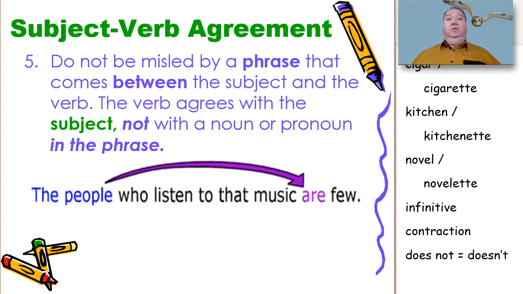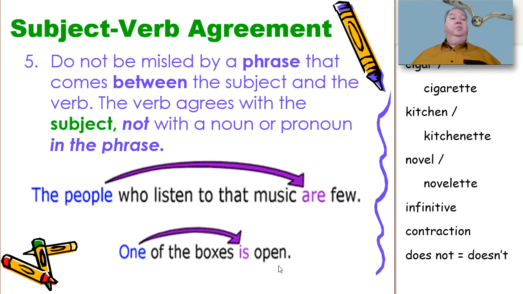Which people are few? The people who listen to that music. Okay? So music is a noun, but that is not the subject. We don't say music is few. Okay? Because music is not the subject. People, that's the subject. The people are few.